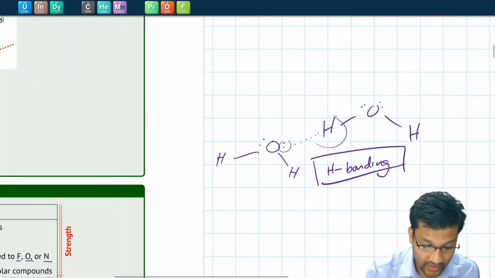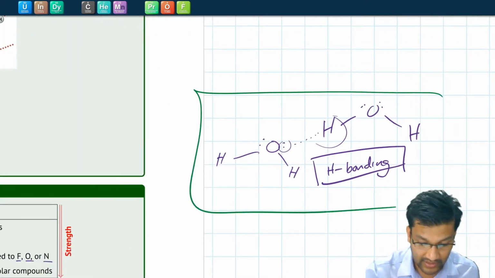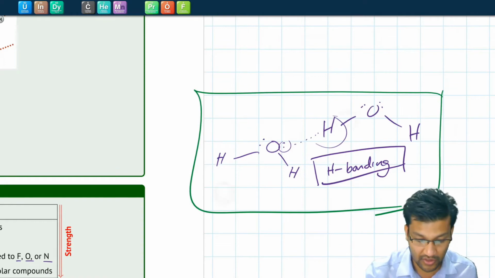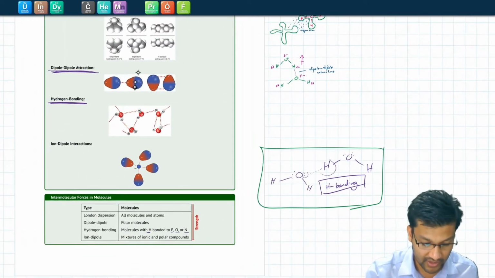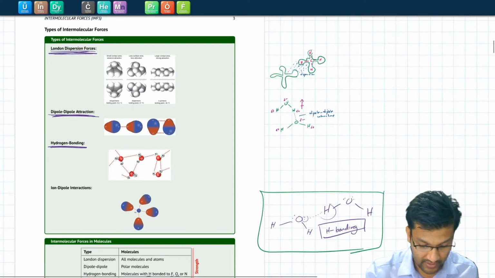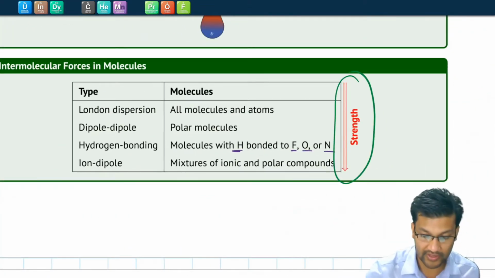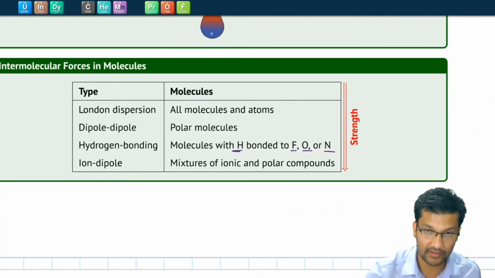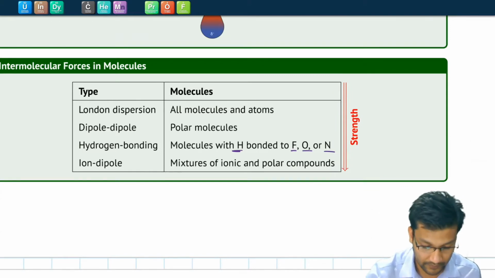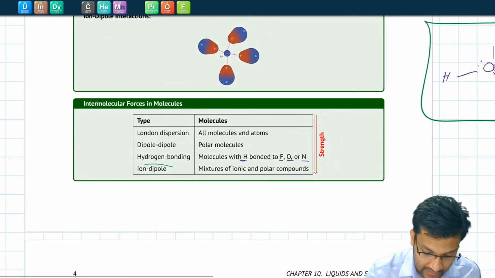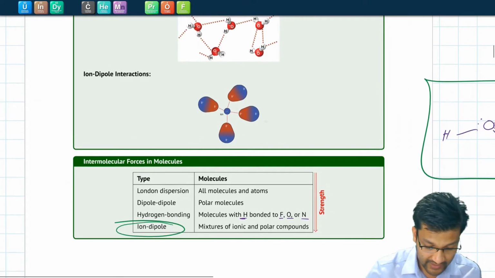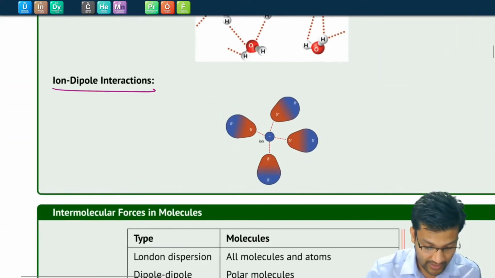In the case of water though, hydrogen bonding is the most significant one because it's stronger than dipole-dipole interaction and it's stronger than London dispersion forces. I'm going down this list in order of strength. So as I keep going down this list, the interactions get stronger and stronger. Okay, let's look at the strongest one that I have on this list, which is ion-dipole interaction.